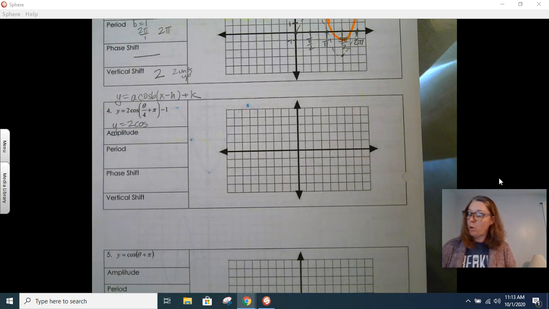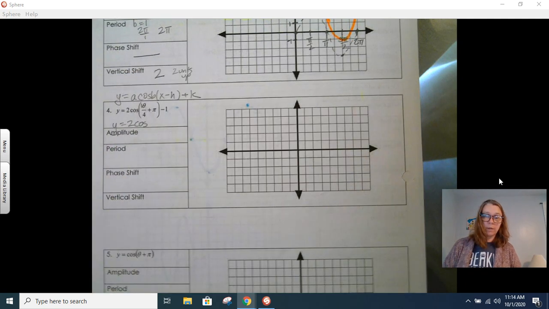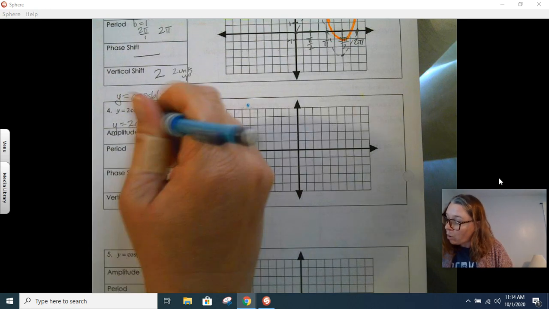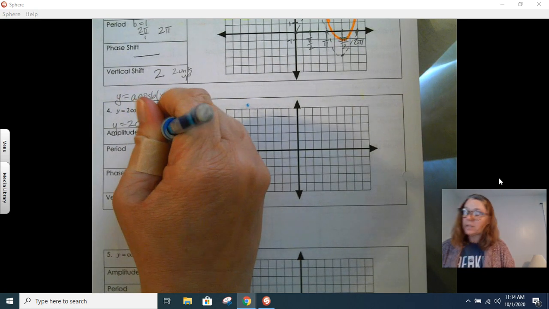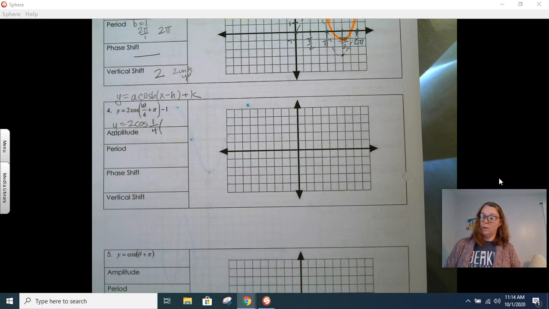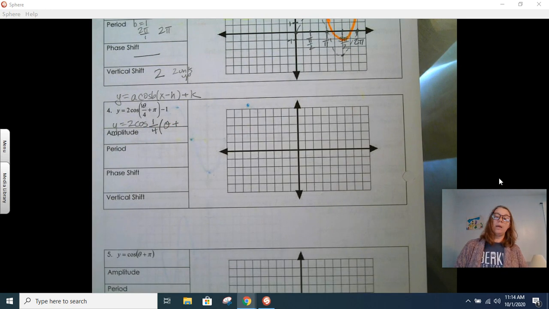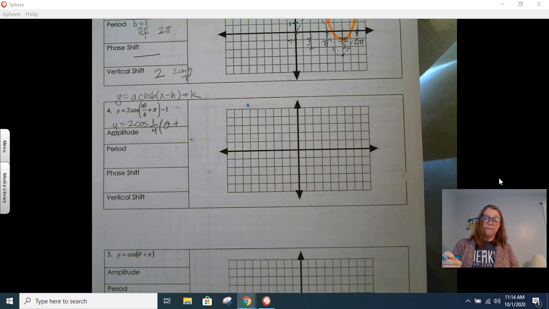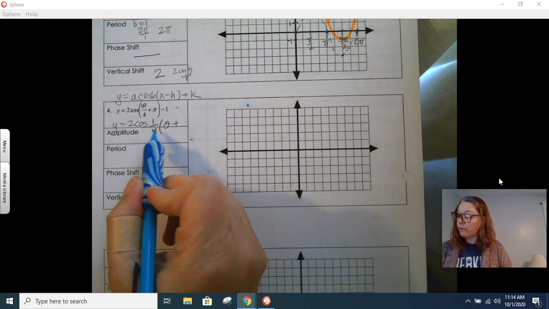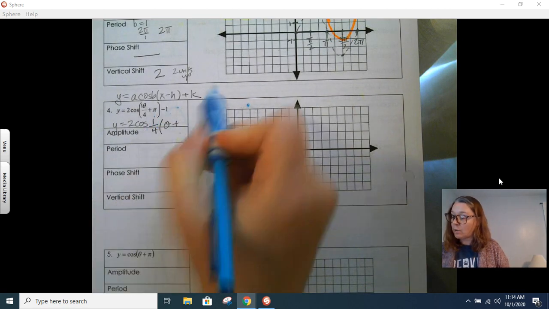So this is like having 1/4 theta, so I have to pull that out as a GCF. And then this is theta plus, now think, 1/4 times what would get me to pi. When I distribute this back out, 1/4 times this has to get me to pi. So I'm going to jot that down.